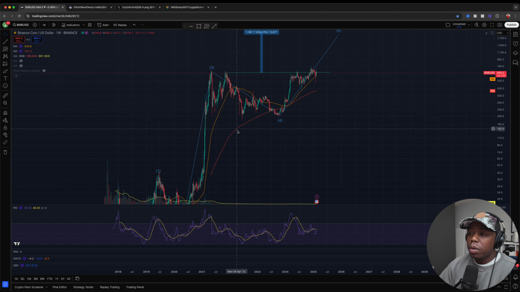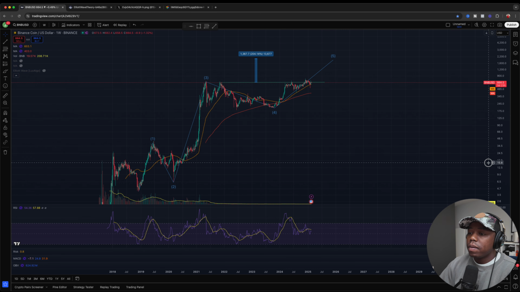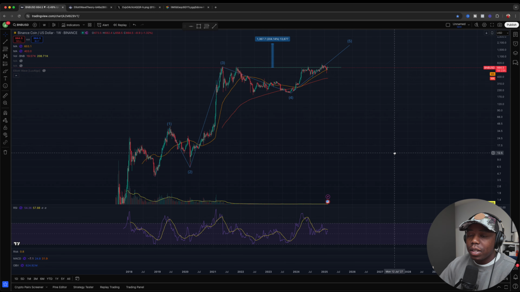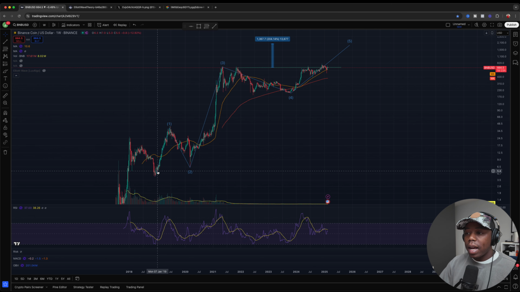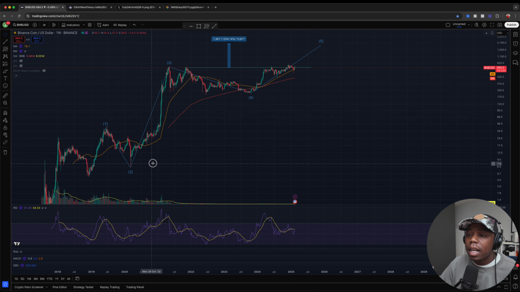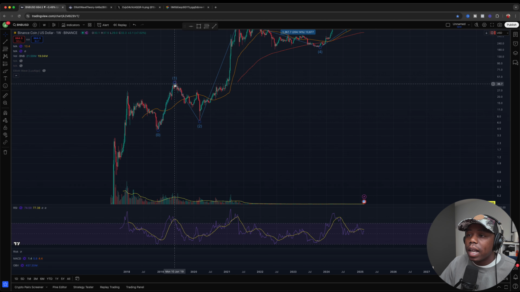Now let me show you one of the other parts of Elliott wave theory, which is Fibonacci retracement. There's another way of analyzing the charts that goes beyond Elliott wave. You can use it outside of Elliott wave, but it's Fibonacci retracement. You're measuring, for any one move, so this move up from here to here, how much did it pull back?